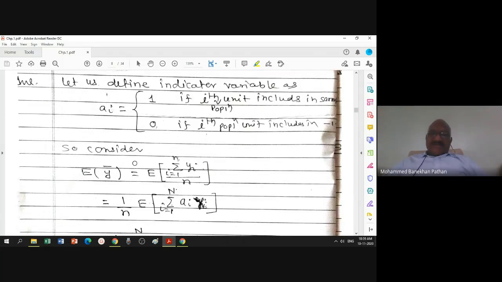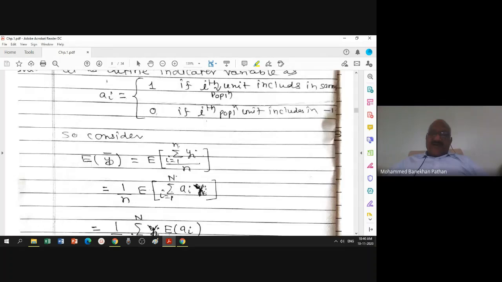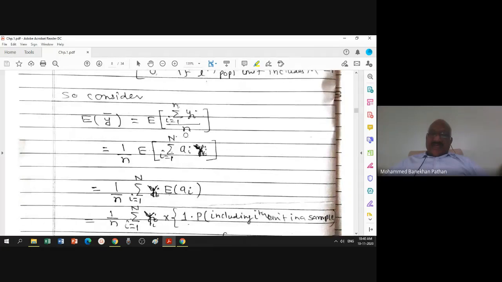So consider the expected value of y bar, which is the expected value of summation yi upon n. N is a constant, so it is taken out. Expected value of summation i = 1 to n. Here I write 1 to small n. Now here I write 1 to capital N because I take the help of the indicator variable. If ai is 1, it represents the sample quantity, and if ai equals 0, everything becomes 0.